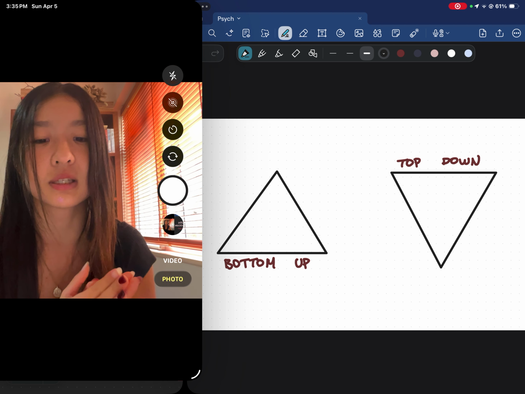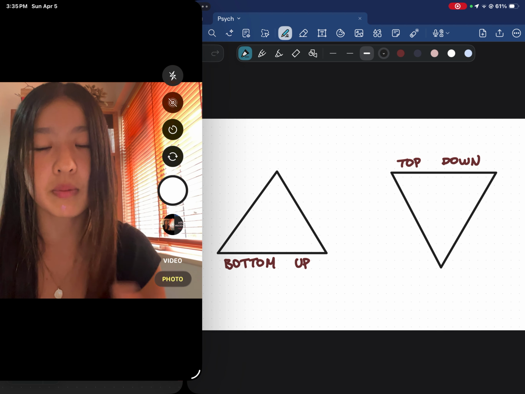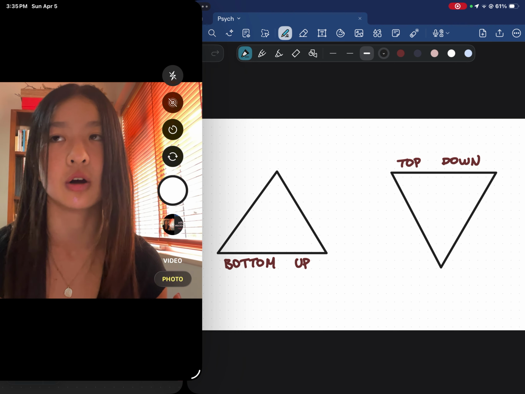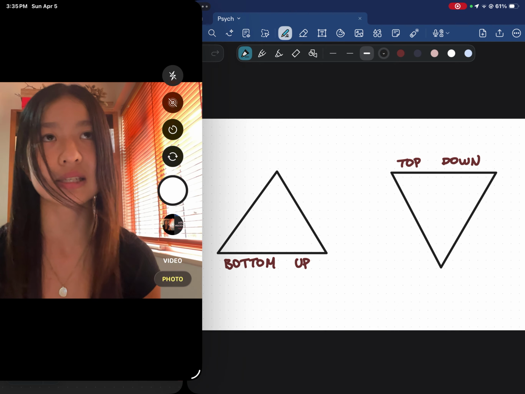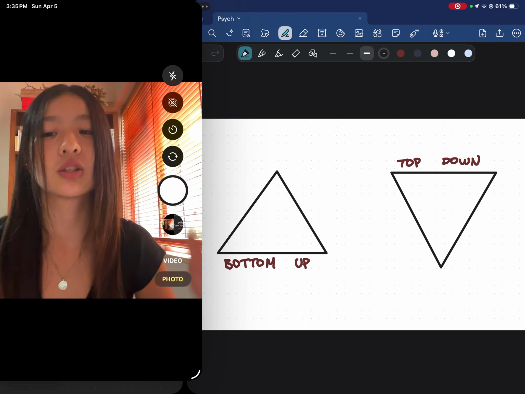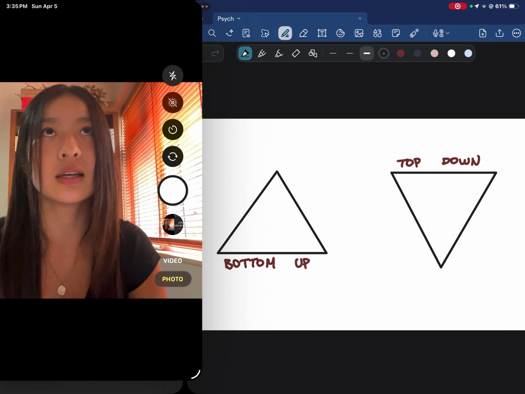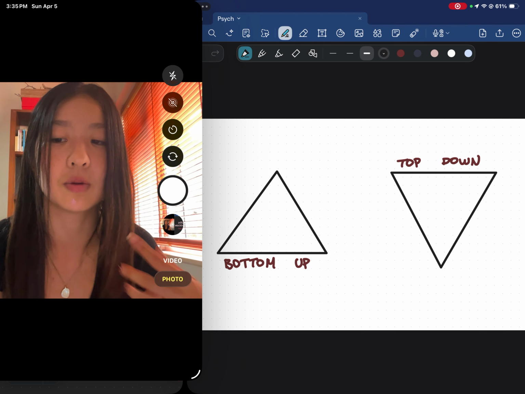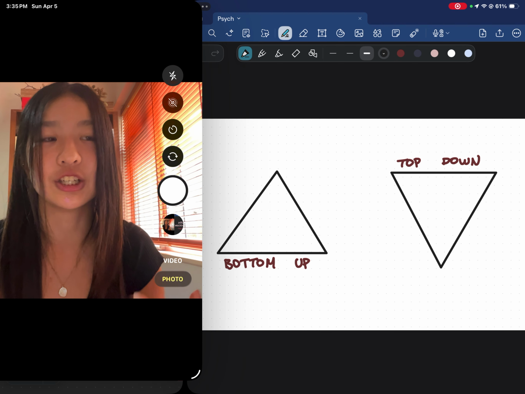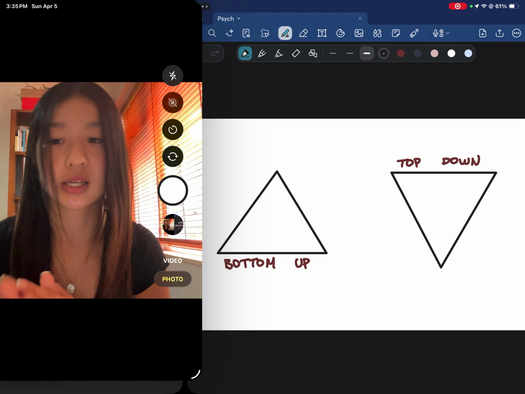The first one is bottom-up processing. Bottom-up processing is when we see something new in the world and our schema is based on the experiences. So we look at something and we form a new schema based on what we're seeing. Whereas top-down processing is seeing something but knowing we already have a schema on it, and therefore that schema changes your perception about that topic or experience that you are having.